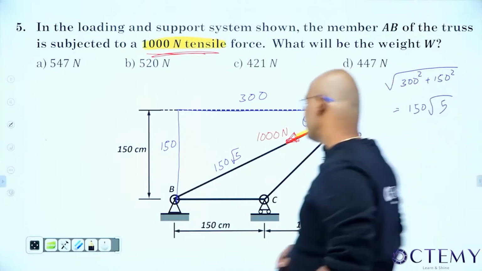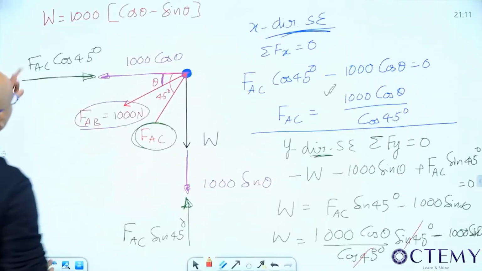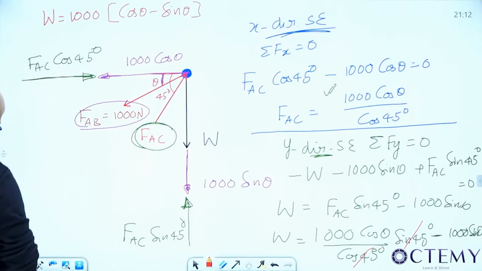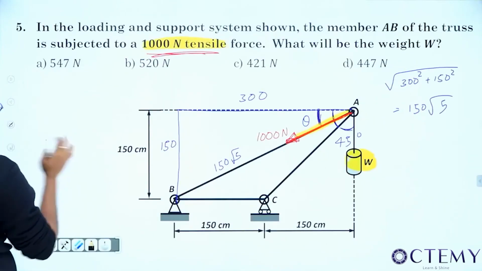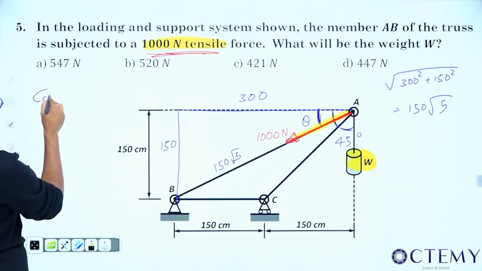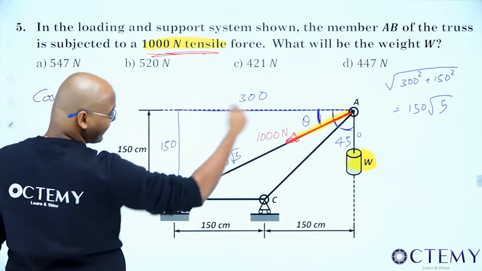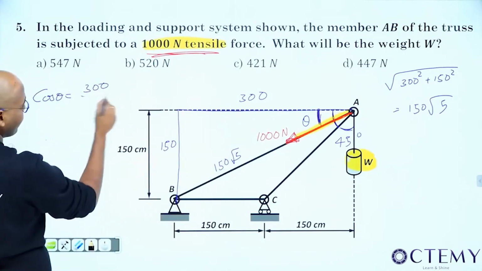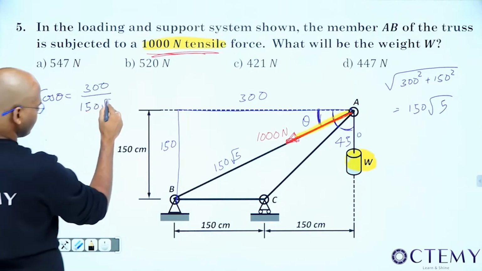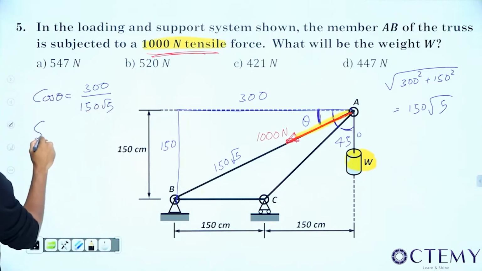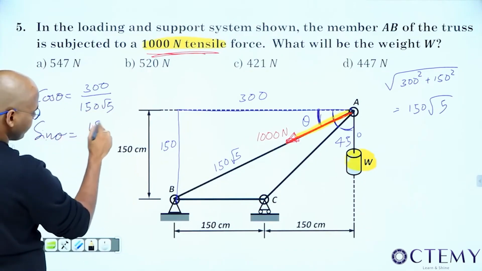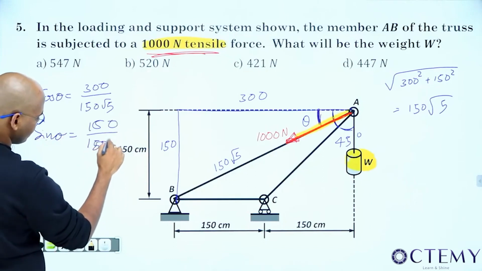Okay, 150 root 5. Now what I want is cos theta minus sin theta, right? What is cos theta? Adjacent side, 300 by 150 root 5. Opposite side, that is sin theta, 150 by 150 root 5.